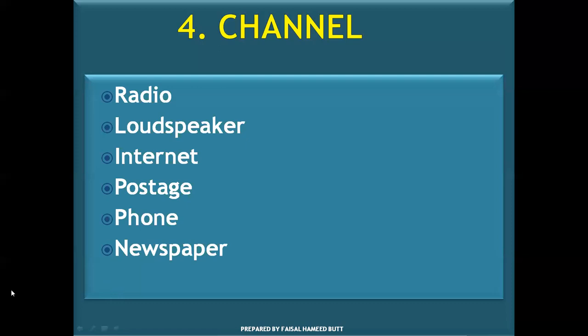Let's suppose, see, Pakistan is the only country where we have the problem of polio. So you have started a campaign of giving polio drops to children. So you want to convey this message to every nook and corner of the country. So you will choose a radio. Why? Because it is the radio that can be available at every place.